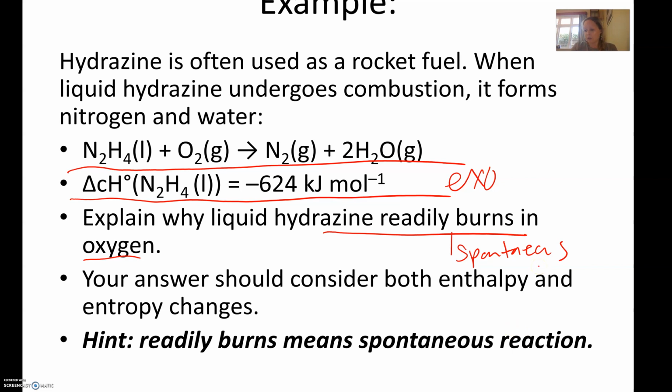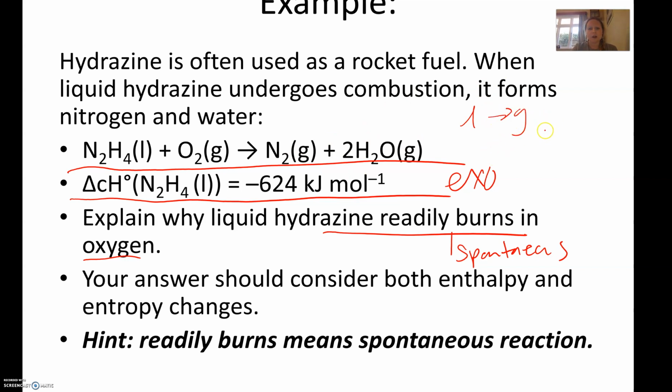So I'm going to go through this with you verbally, and then we can continue from there. On the left-hand side of the equation, you have a liquid and a gas, and on the right-hand side, you've got 3 gases. So you're going from liquid to gas.